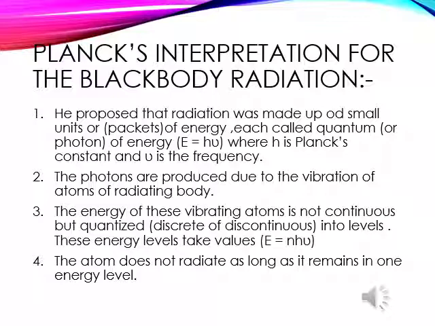Number 3, the energy of these vibrating atoms is not continuous, but quantized, discrete, or discontinuous in energy levels. These energy levels take values equal to E equals N h nu. Number 4, the atom doesn't radiate as long as it remains in one energy level.